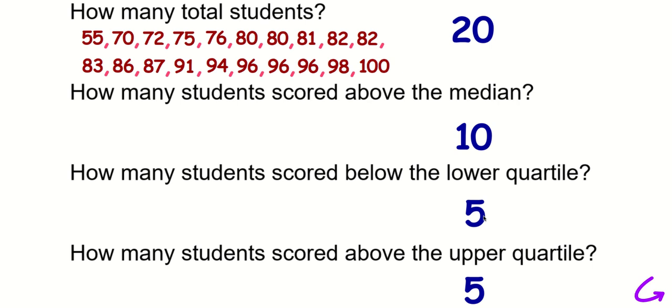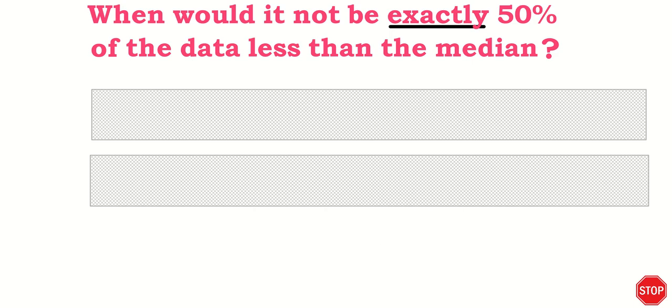Or you could also say, when would it not necessarily be exactly 25% of the data scoring below the lower median, or exactly 25% scoring above the upper median? You can pause the video if you want and think about that, but I'm basically going to spoil it here, okay? So last chance to pause the video.